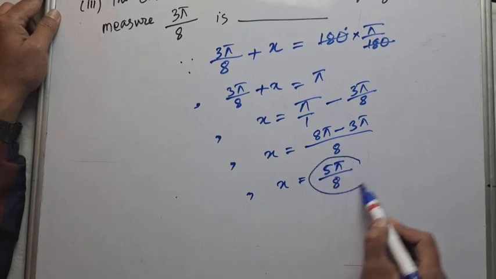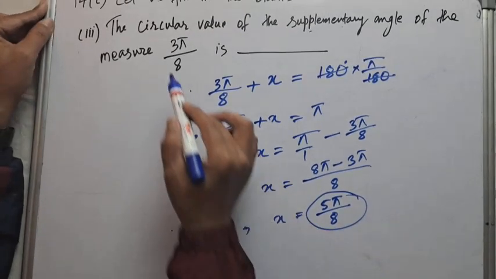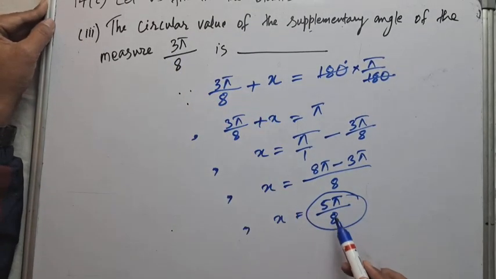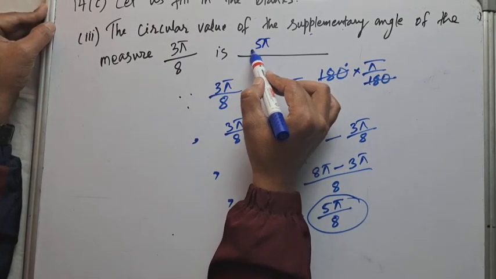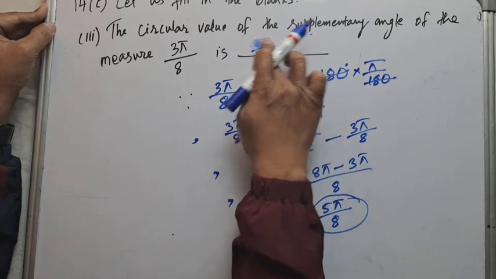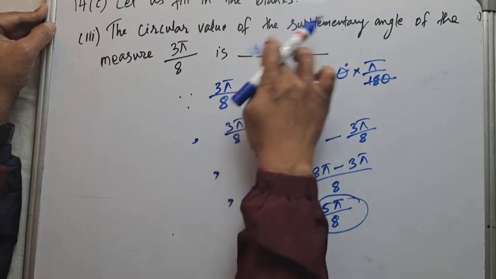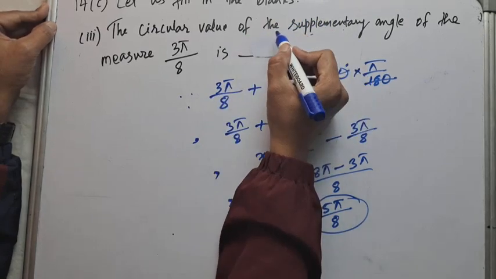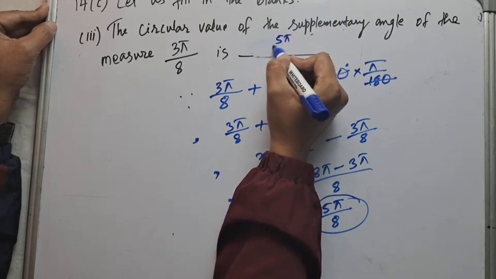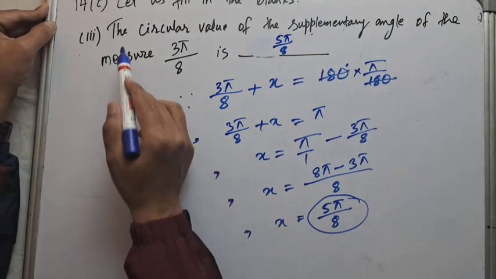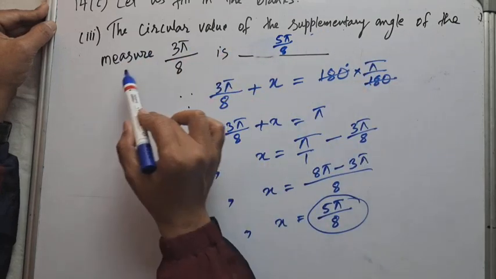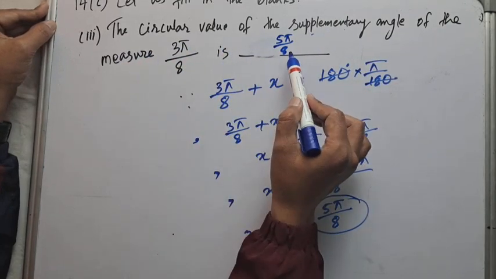So the circular value of the supplementary angle of 3 pi by 8 is 5 pi by 8, isn't it? Okay, let me write clearly. 5 pi by 8.